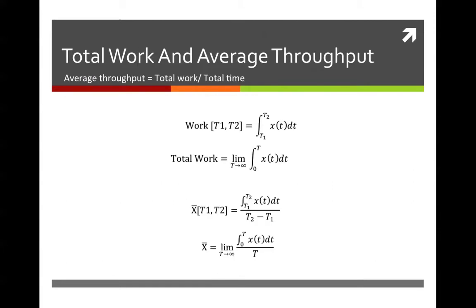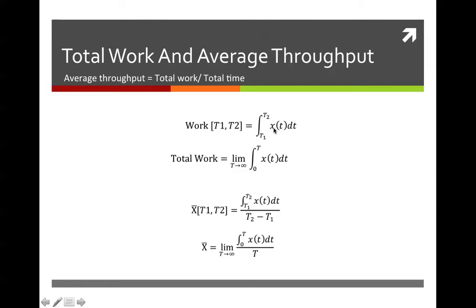Now once we're given a work function or a throughput function, we can compute the total work between two periods of time, for example. So here we specify the time changing between T1 and T2.